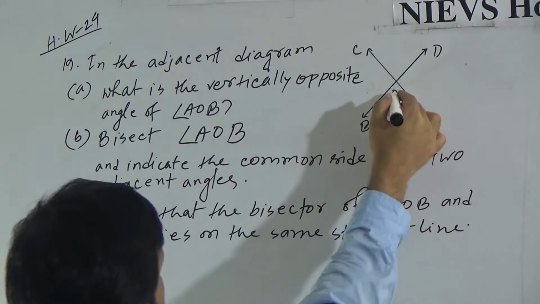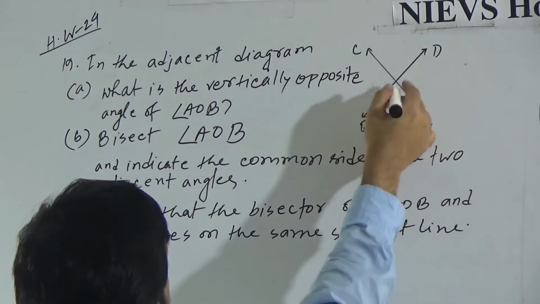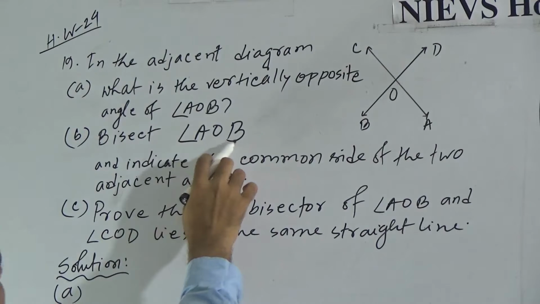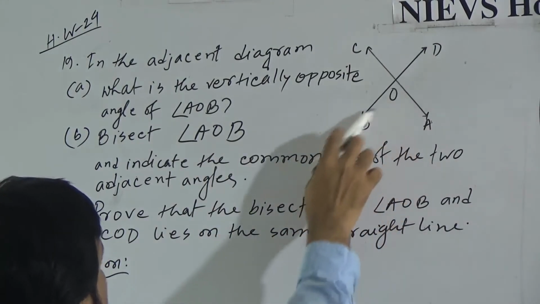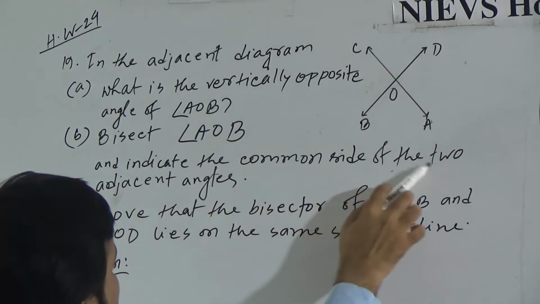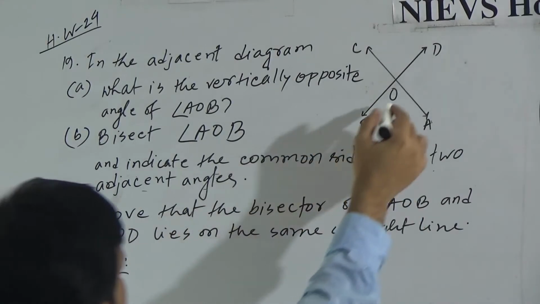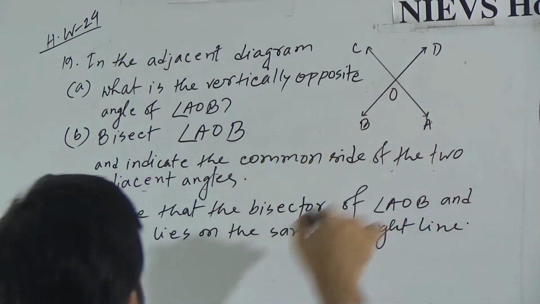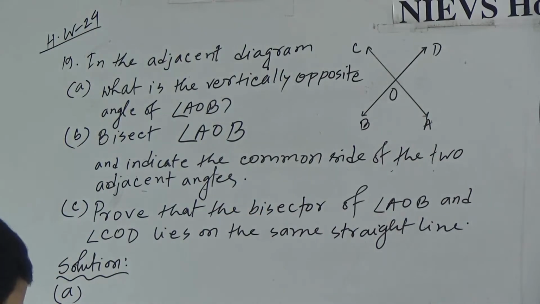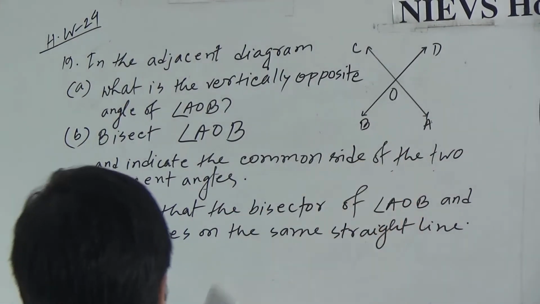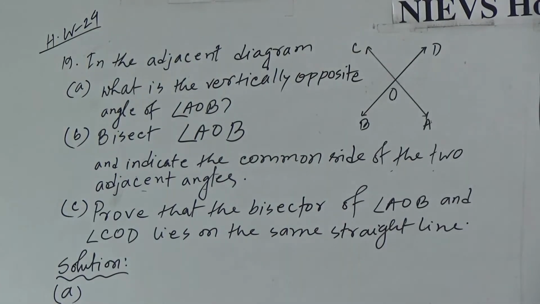It means that this is angle AOB, we have to write the vertically opposite angle of this angle. Bisect angle AOB. Angle AOB we have to bisect and indicate the common side of the two adjacent angles. It means that if we draw the bisector of angle AOB, we will get two adjacent angles. We have to indicate the common side, it means the bisector of those angles.